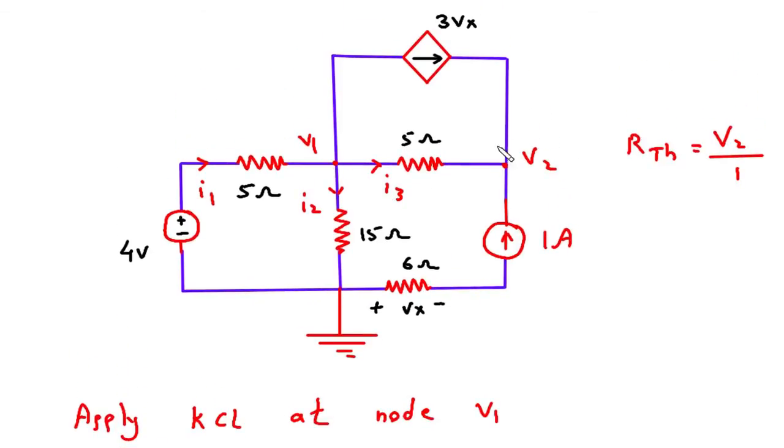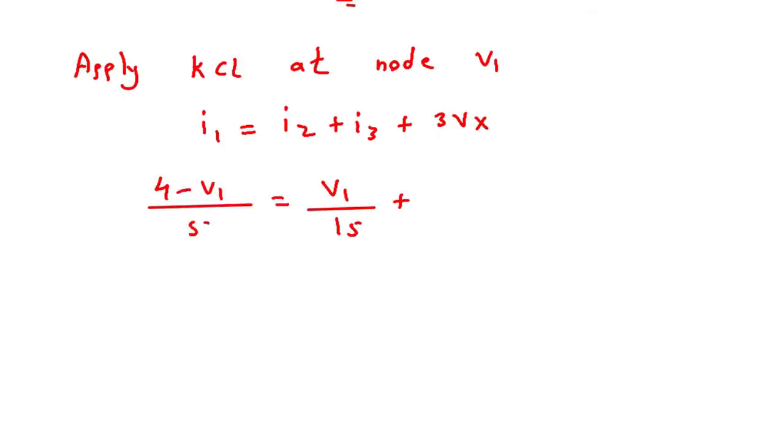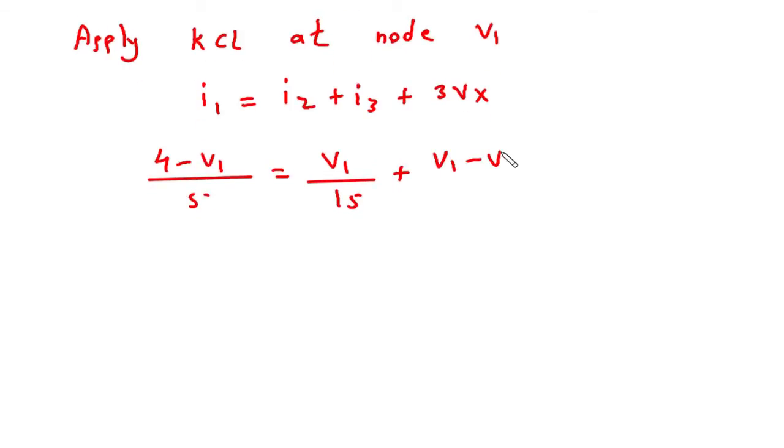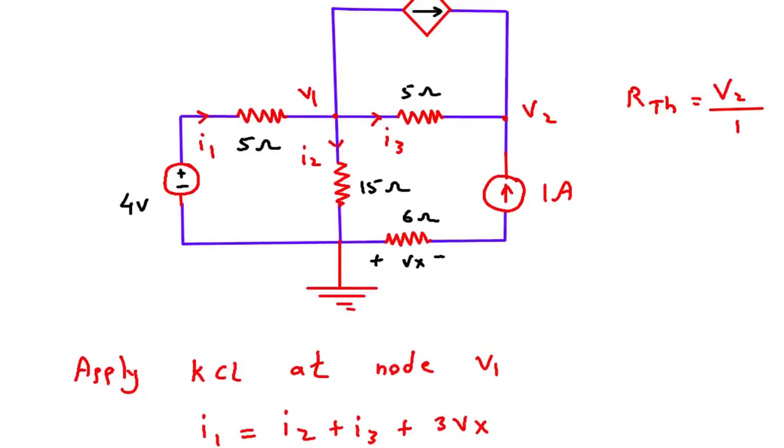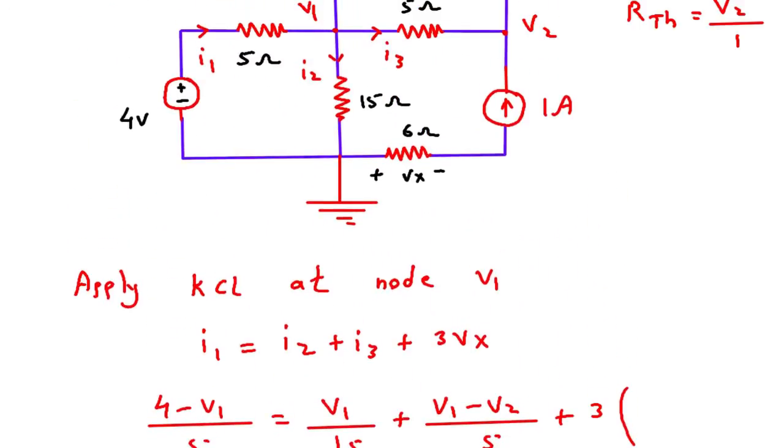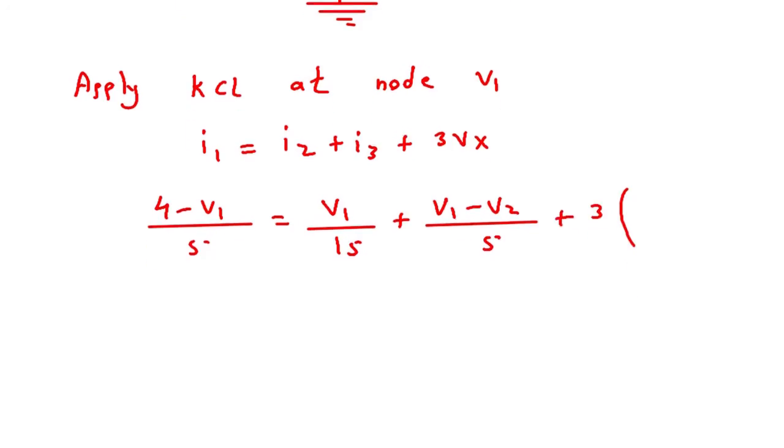I3 is V1 minus V2 by 5, plus 3Vx. Now this Vx is equal to 6 into this current. So 6 into 1, directly Vx is equal to 6 volt.